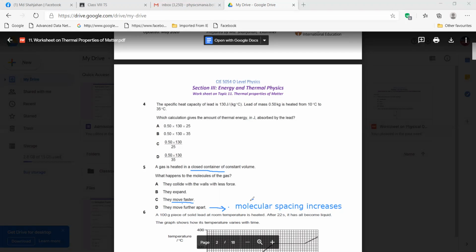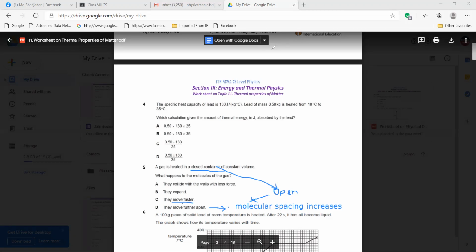And this one is for what? This one is for an open container. If the container is open, then molecular spacing increases.